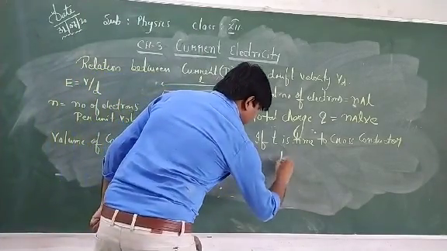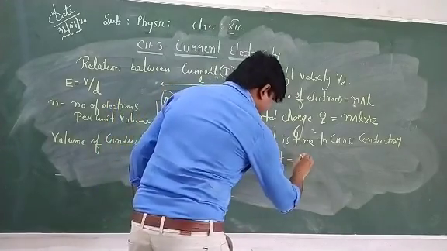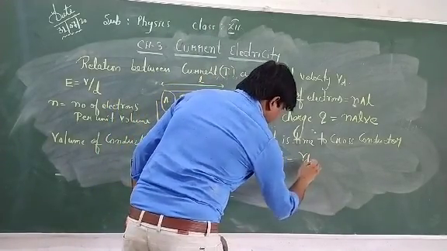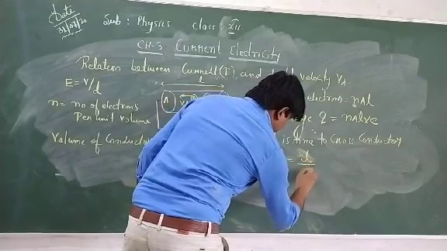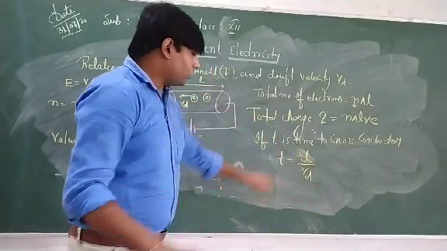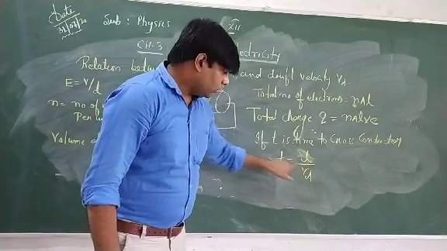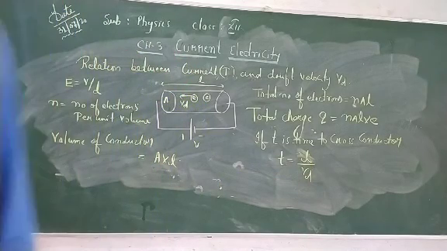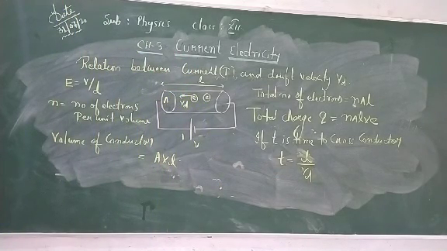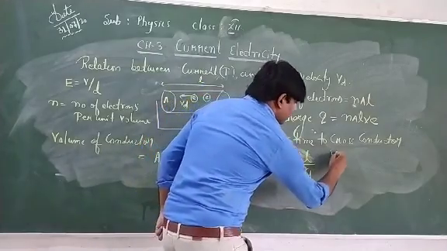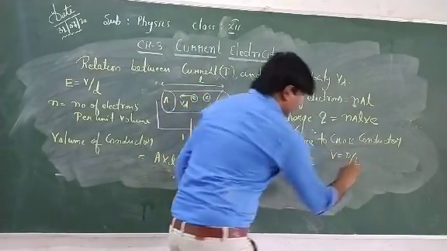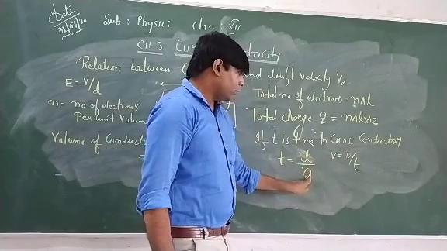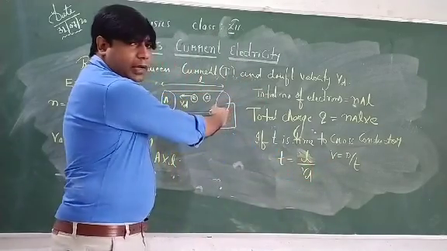We know that velocity is equal to distance by time. The distance here is small l, and the time required to cross this distance is t. So we can write t equal to l by Vd, distance divided by velocity. Don't get confused, the distance is L.